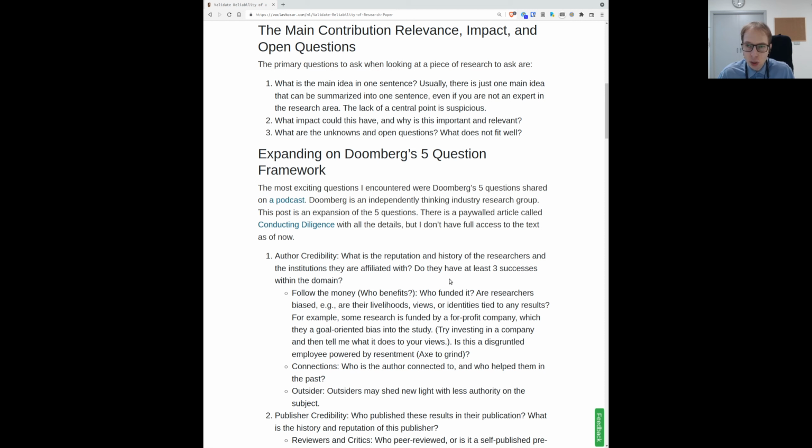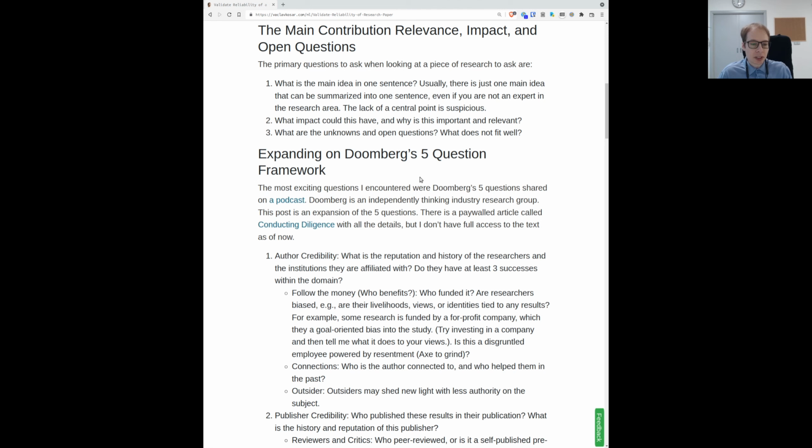If there is no central point, it's kind of suspicious, almost like what's important is trying to be hidden, that it's just some general idea paper without actually adding anything.